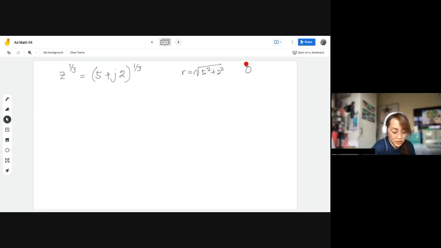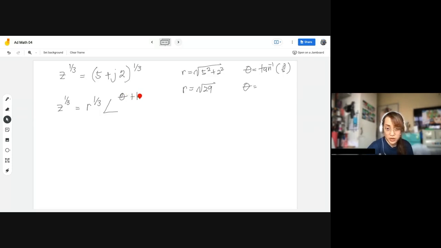Then theta is arctangent of 2 over 5. So that is R to the 1/3 angle theta plus k times 360 over n, since we are using degrees.